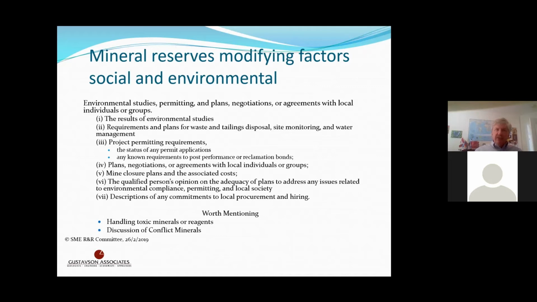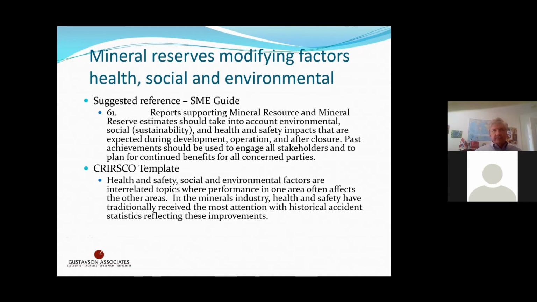It's also worth mentioning if you will be handling toxic minerals or reagents and controls for those toxic materials, and in the case of certain countries, discussion of conflict minerals, and if that might apply to this deposit.